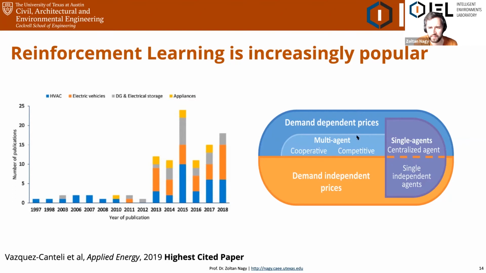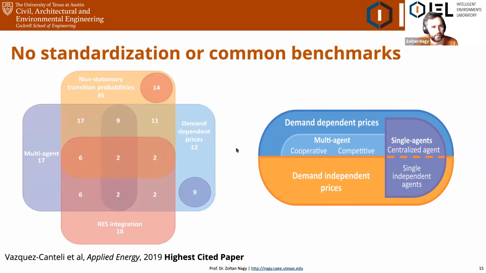One of the problems is that the problems people are addressing are all very different. So when we went through this review, we tried to classify them. There's a lot of different areas, and different ways things are connected. And it was very challenging to compare them even with each other.